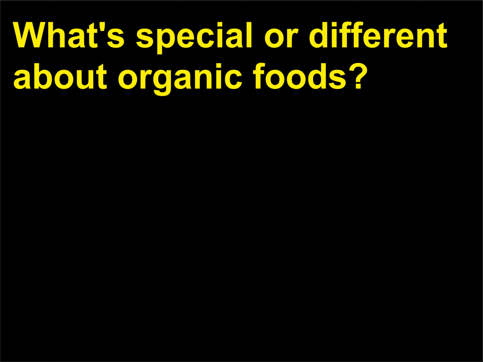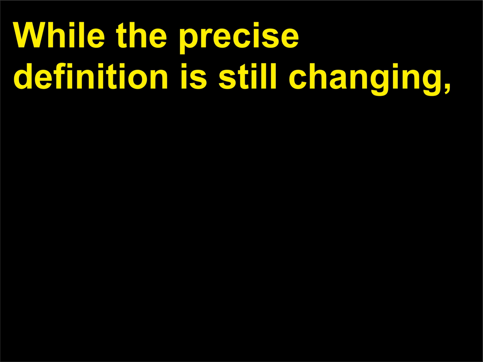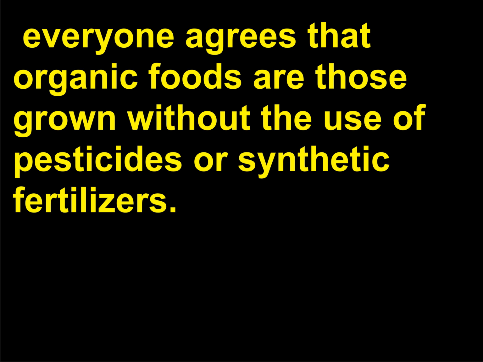What's special or different about organic foods? While the precise definition is still changing, everyone agrees that organic foods are those grown without the use of pesticides or synthetic fertilizers.